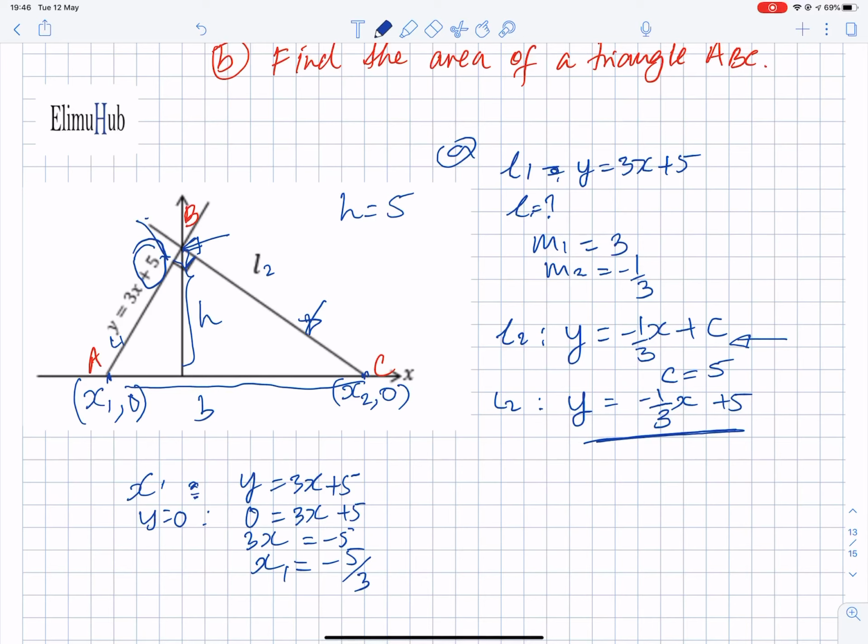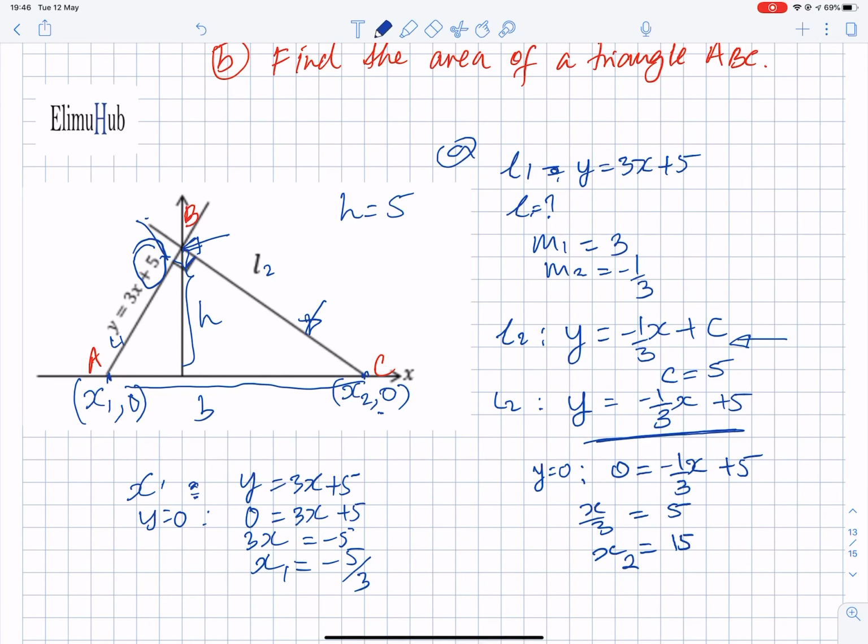So that's x1. Let's find x2. Well, we know that L2 crosses the x-axis, so we can use L2 to find x2. So for L2, when y equals 0, 0 equals negative 1 over 3 x plus 5, so x over 3 equals 5, x equals 15.